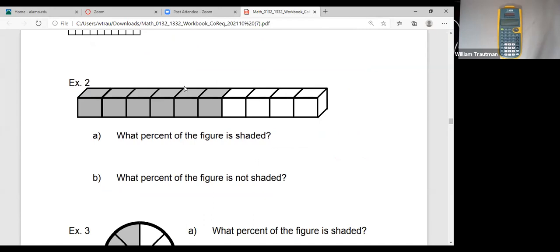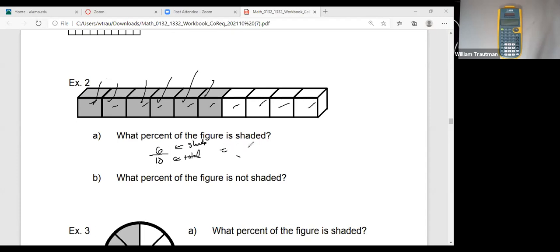Okay, what percent of the figure is shaded? There are 1, 2, 3, 4, 5, 6, 7, 8, 9, 10. And we're going to use the bottom as 10, that's total. There's 10 total. And then how many are shaded? 1, 2, 3, 4, 5, 6. 6 out of 10 is shaded.